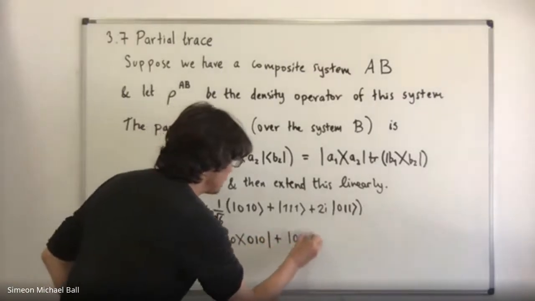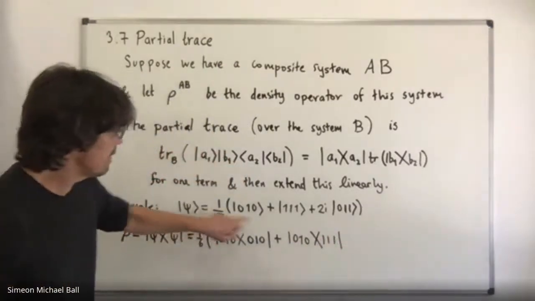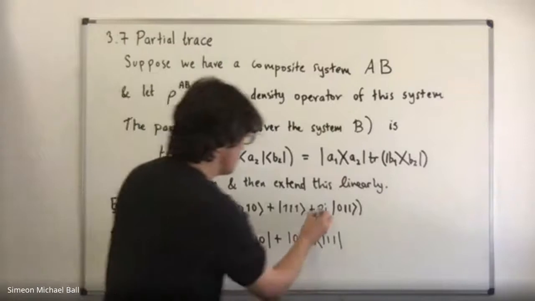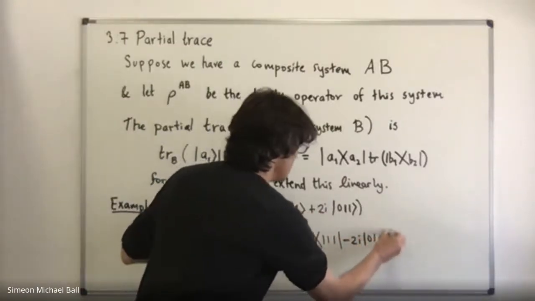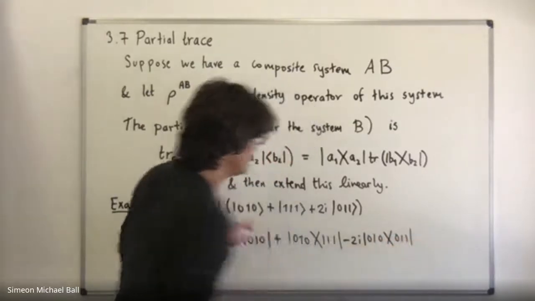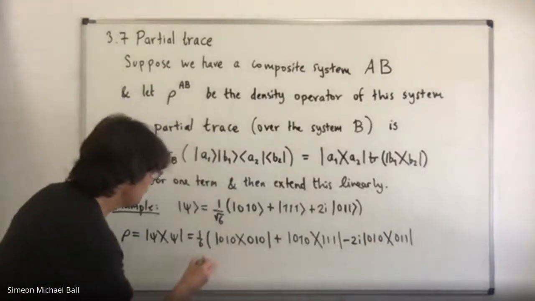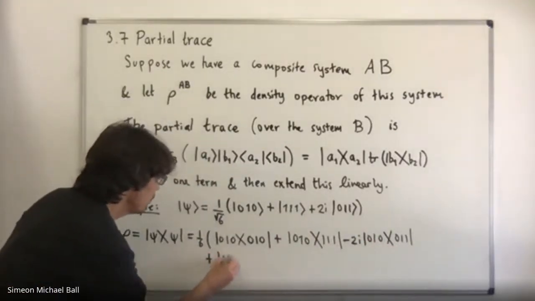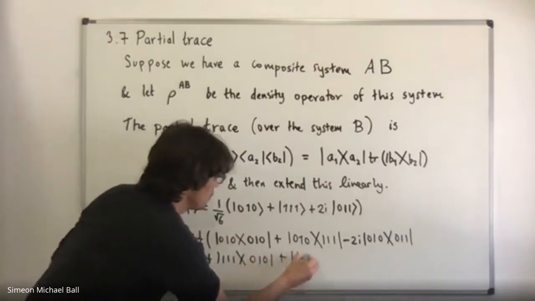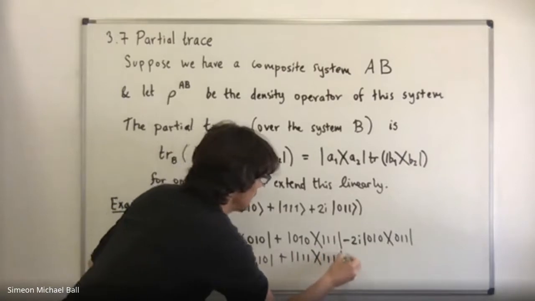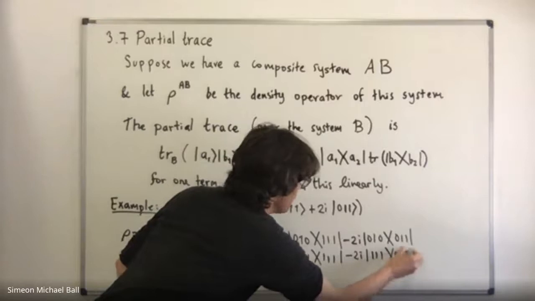So this is this bra with the kets going the other way. So when I get to this one, it's going to be minus 2i 0, 1, 0, 0, 1, 1. Okay, because this has gone around the other way. It's been transposed. Plus, and now we've got the 1, 1, 1s. 0, 1, 0, 1, 1, 1, 1, 1, and again minus 2i 1, 1, 1, 0, 1, 1.